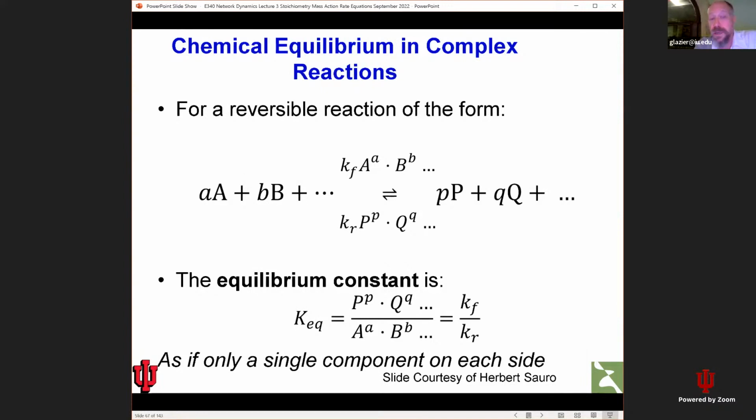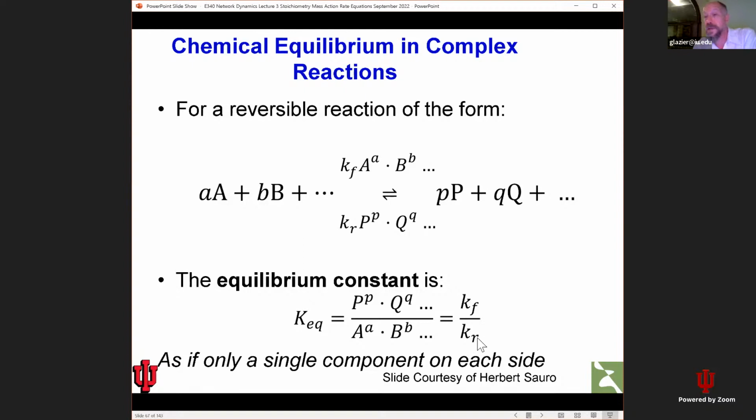If I have a very complicated reversible reaction, aA plus bB goes to pP plus qQ, my forward rate is Kf times A to the a times B to the b, and the backward rate is Kr times P to the p times Q to the q. The equilibrium constant is still just the ratio of P to the p times Q to the q and so on, over A to the a times B to the b.